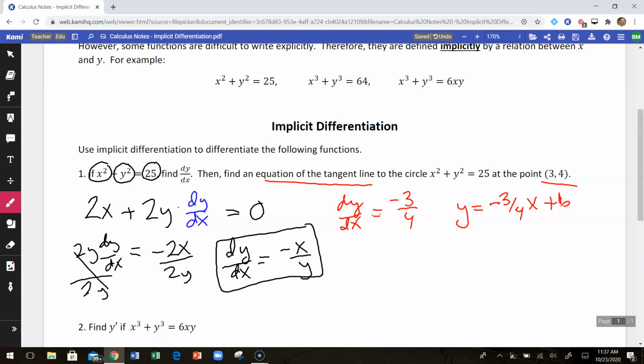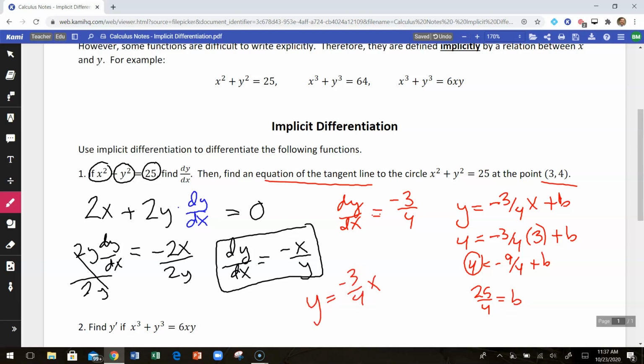Using the point (3, 4), I say 4 equals negative 3/4 times 3 plus b. Oh, I'm sorry, I did that backwards. So 4 equals negative 9/4 plus b. If I add 9/4, which is 16/4 plus 9/4, I get 25/4 equals b. So the equation of our tangent line is y equals negative 3/4 x plus 25/4.